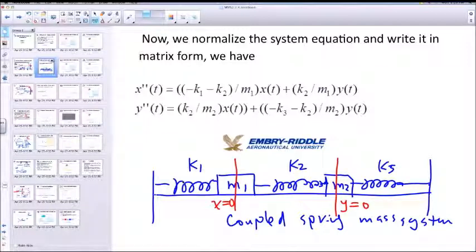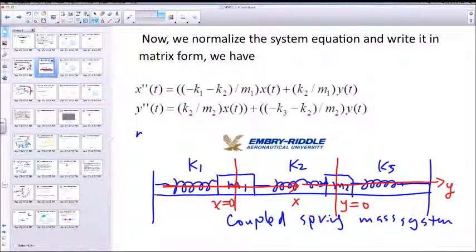These are the coordinates of the 2 masses. Let's put it this way as the positive direction for x, and this way the positive direction for y. And now you think about Newton's law.